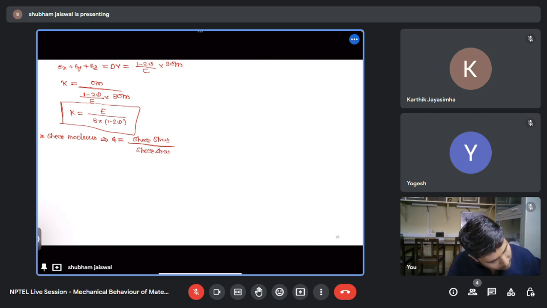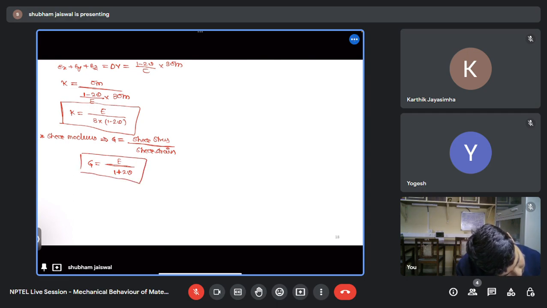It is given by G is equal to E upon 1 plus 2 mu. So if we know the modulus of elasticity and Poisson's ratio, we can easily calculate the shear modulus. There is no need to do another test to calculate the shear modulus. That is the advantage of using this equation.